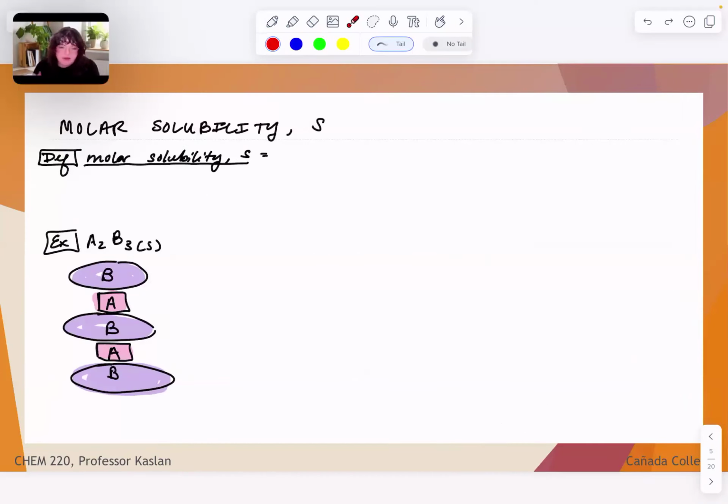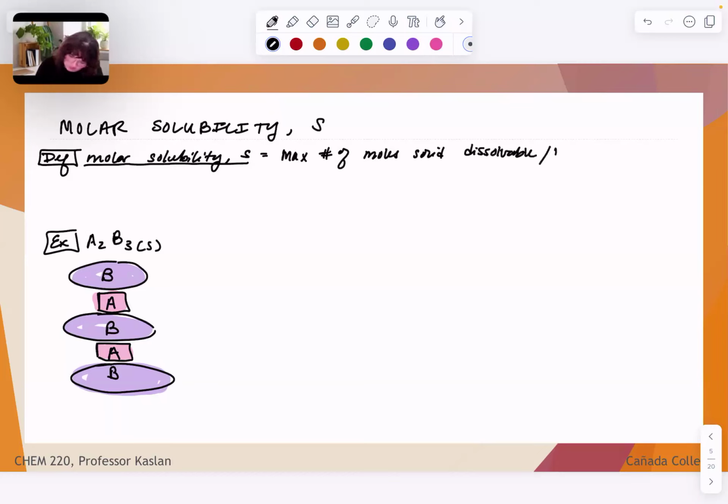So we actually have a name for solubility. We call it the molar solubility, S, and this is something that we can quantify because the molar solubility S of a substance is the maximum number of moles of solid that are dissolvable per liter of solution.